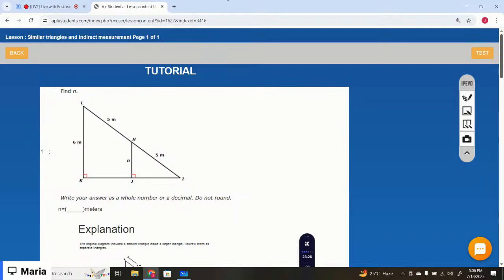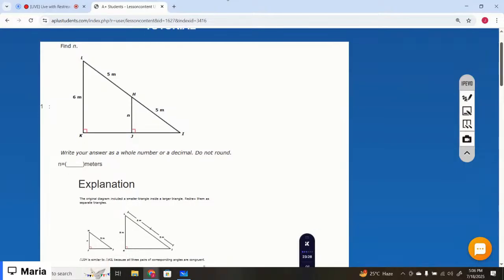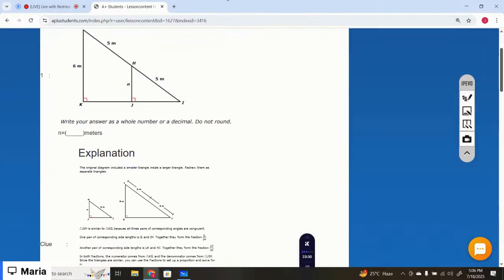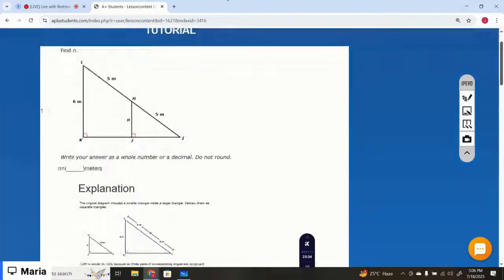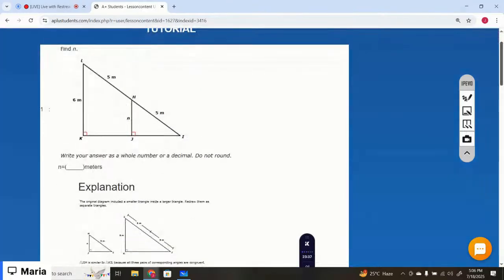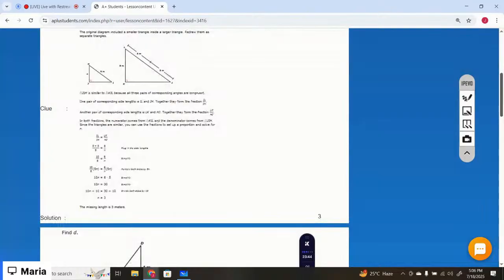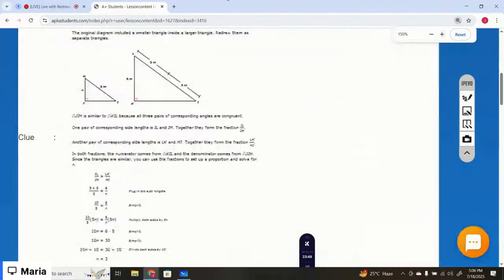Okay, so we need to find the side length of n. Write your answer as a whole number or decimal. Okay, so basically they are the similar figures, right? Now, how do I read this? Let me try.